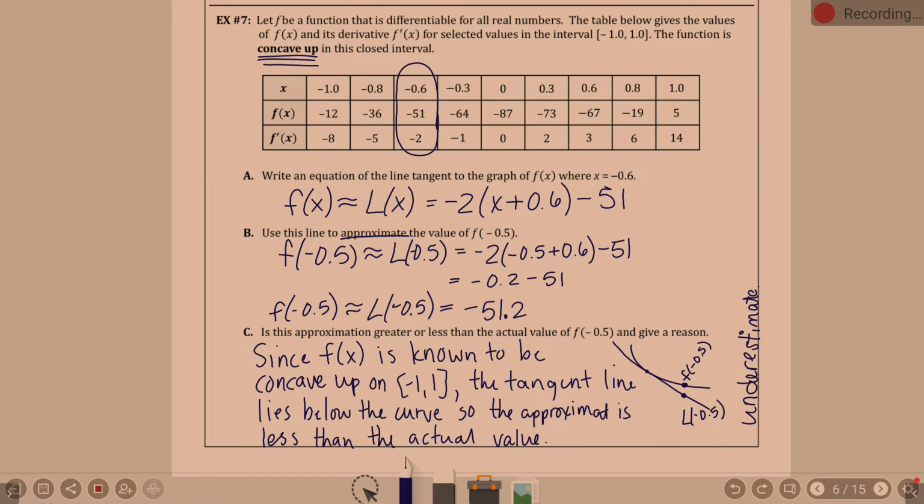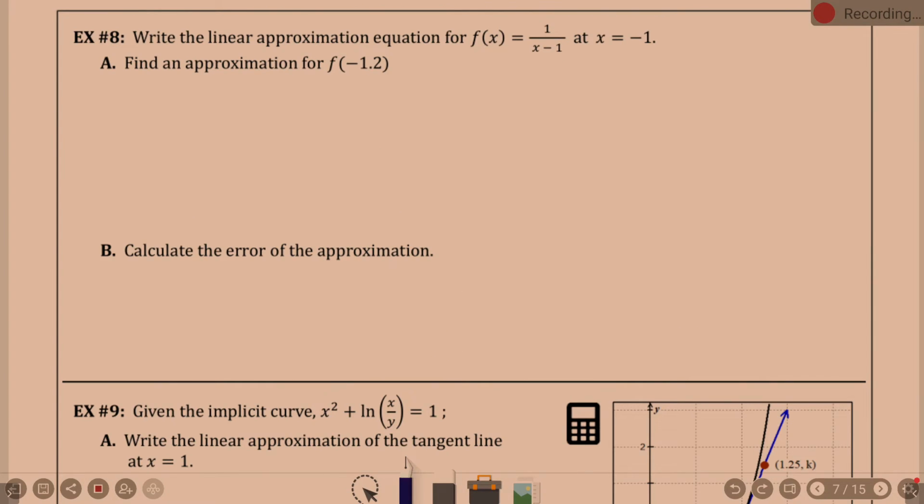Okay, next. Write the linear approximation equation for f(x) at x equals -1 and find an approximation for -1.2.